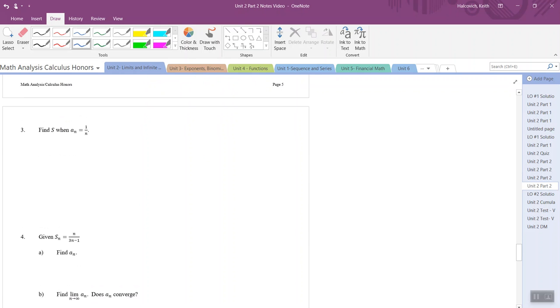All right, so number 3, find the sum when the sequence is equal to 1 over n.